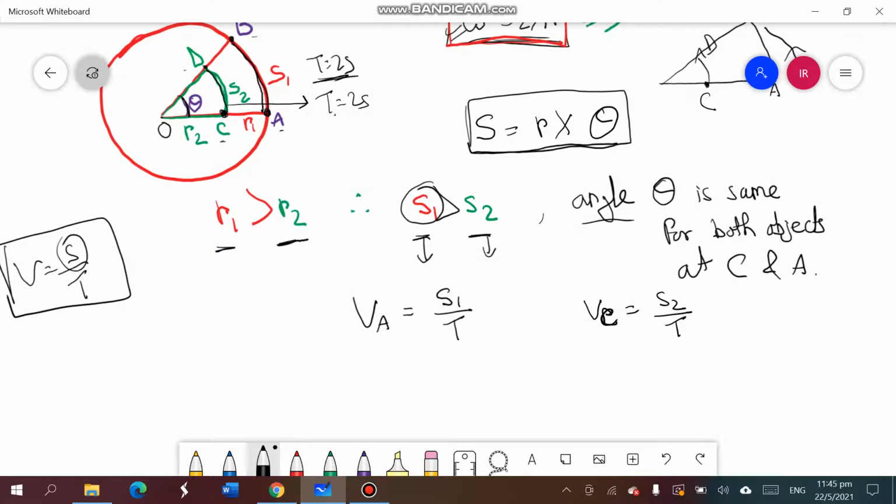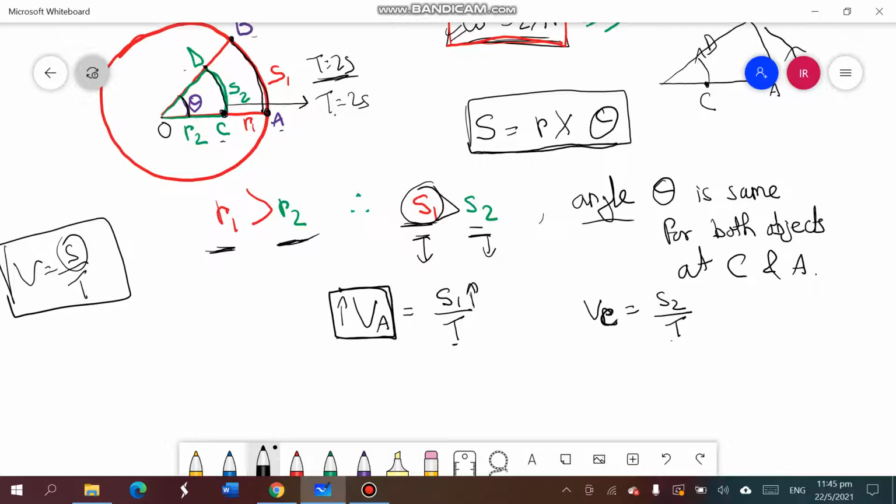Now we are saying that they have moved the distance in the same time period, so T is the same for both of them. Now S1 is larger than S2, right? S1 is greater than S2, because R1 is greater than R2. So if S1 is larger than S2, we know the object moving from A to B has a larger velocity.